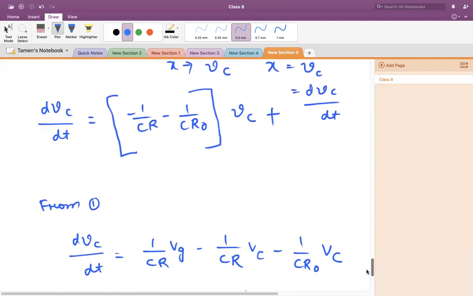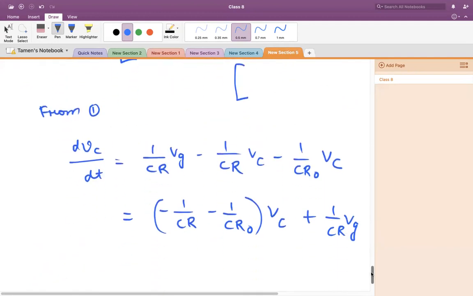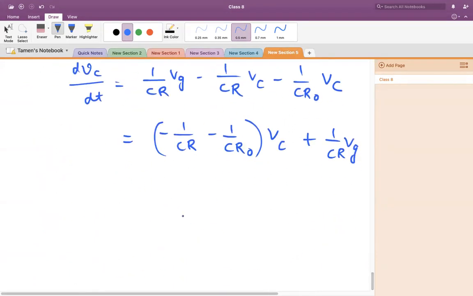So the next matrix will be the B matrix, which will be equal to 1 by CR into Vg. Now, what is Y? Y is the output voltage. V0 equal to Vc. So these two are the equations.